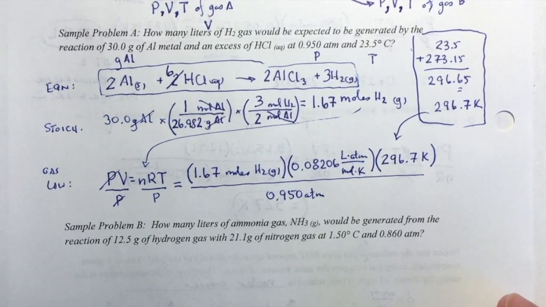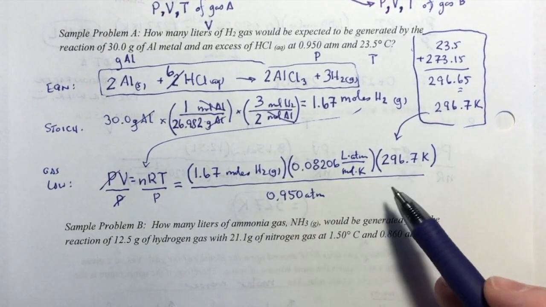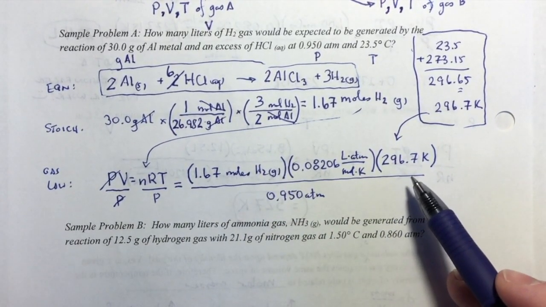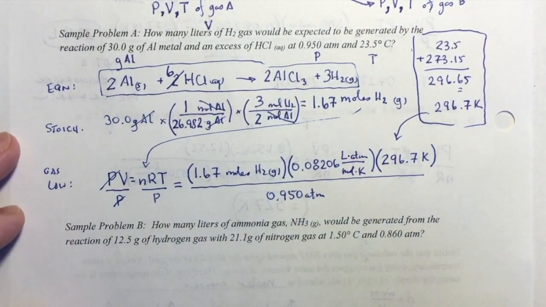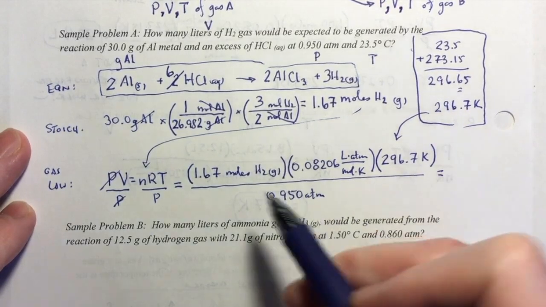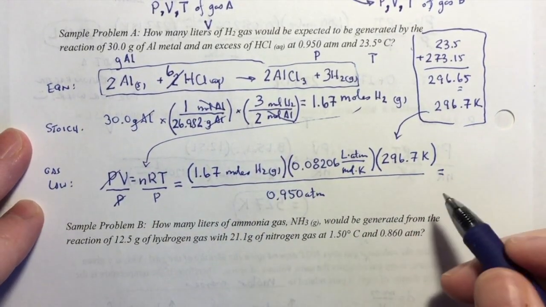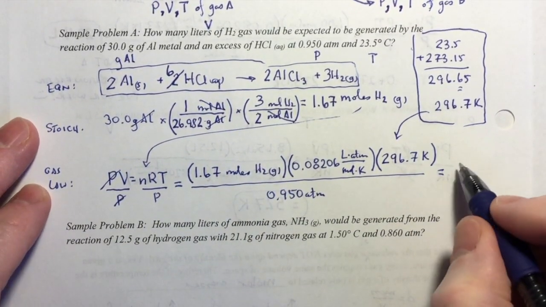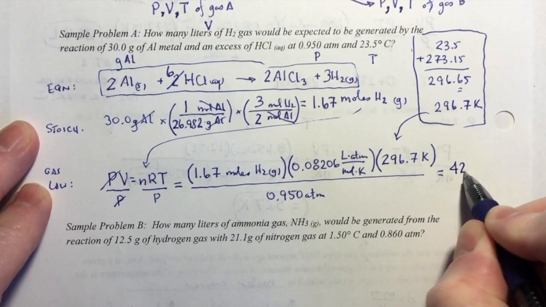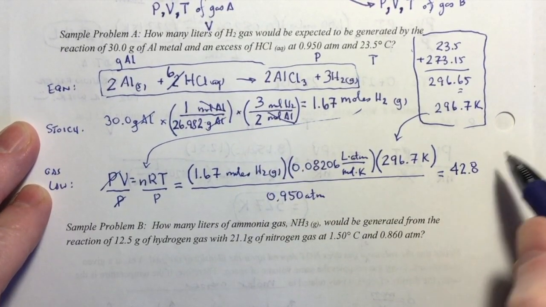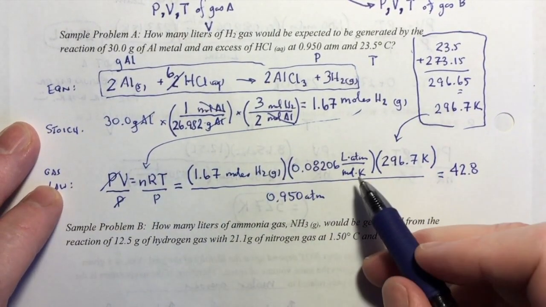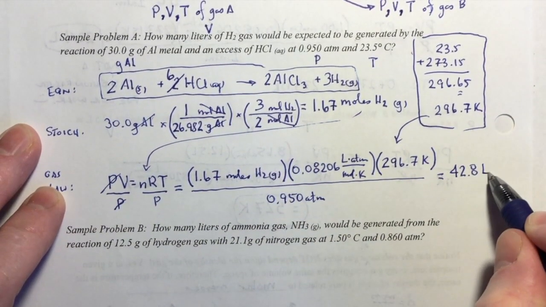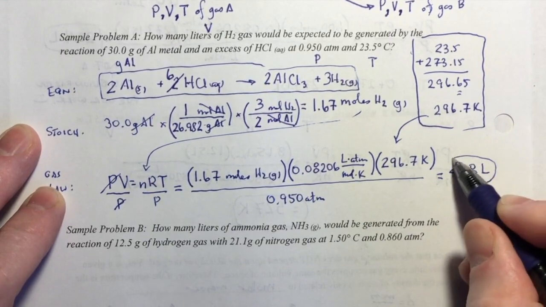We've done a lot of math, a lot of work to get down to this point, and all the rest of it is just plugging everything into our calculators. So let me do that. And the answer that I get has to be rounded to 3 sig figs, and it is 42.8. What units am I going to use? Well, it's volume, and I know that volume is going to be in liters. So there's my answer.